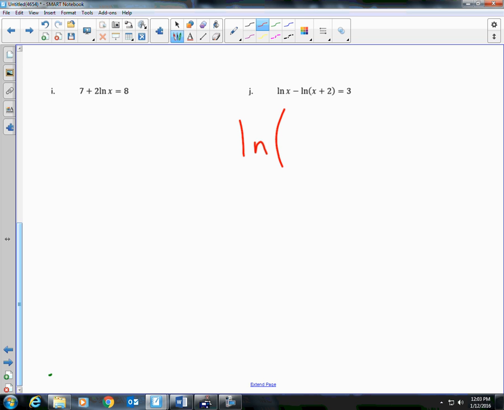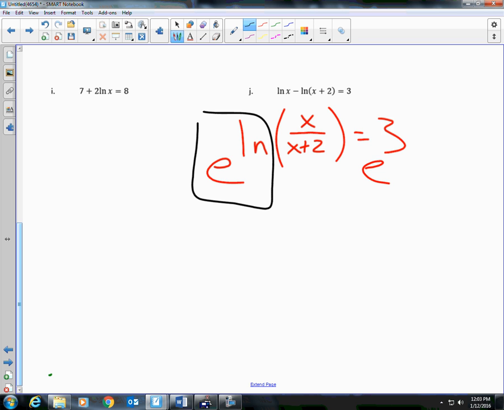Divide, right? x over x plus 2. Now to solve this, I gotta get rid of natural log. How do I get rid of natural log? Use the base of e. I got x over x plus 2 is equal to e to the third. e to the third is 20.09.